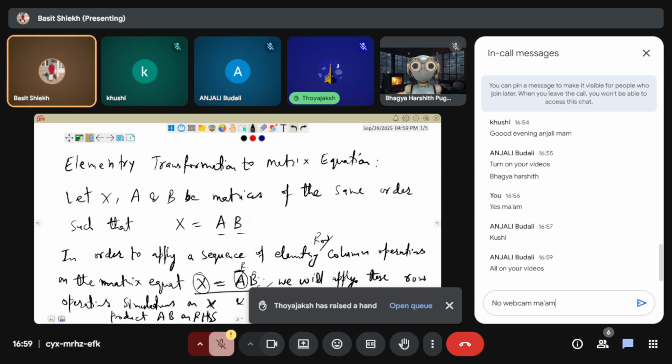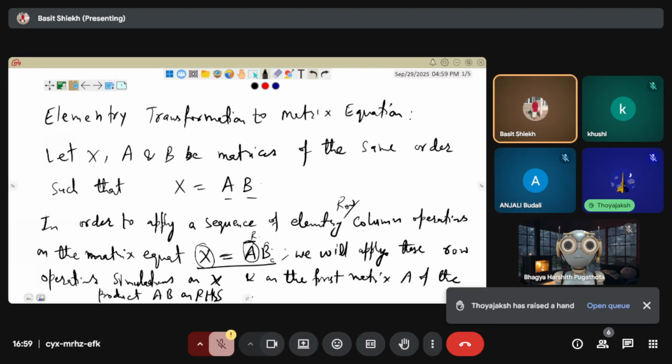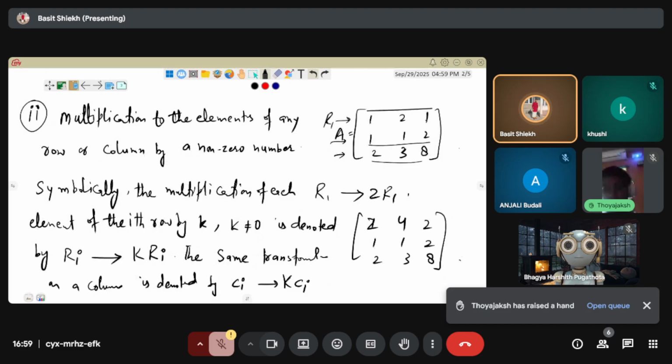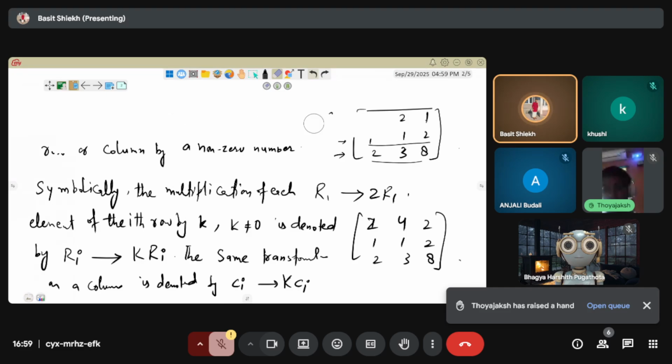And column transformation we apply on the right, which is second. Simultaneously we will be operating the same row operations or column operations on this X matrix. Whatever we are doing, we apply on X also, left hand side as well as right hand side, so that equality remains unchanged.